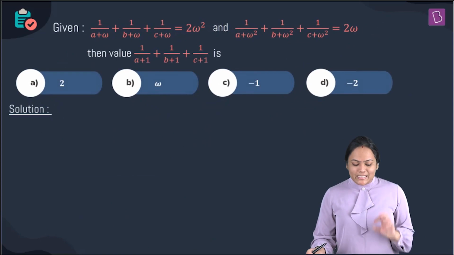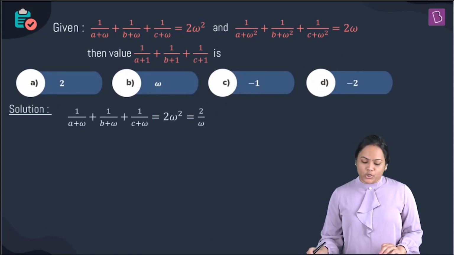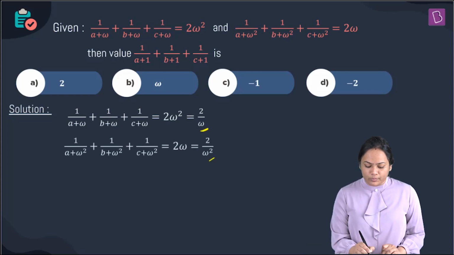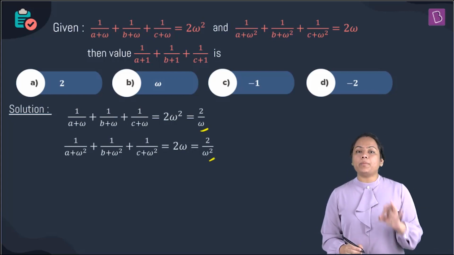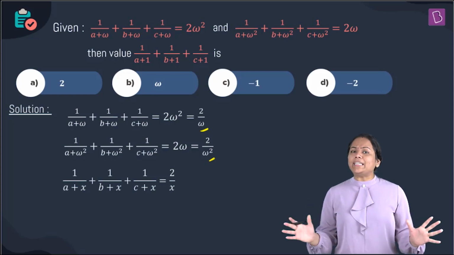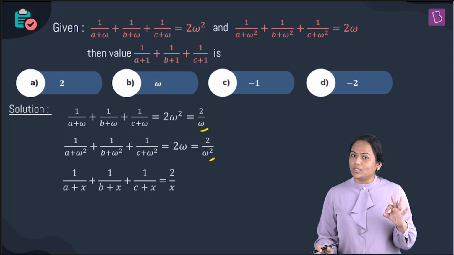So we have seen till now that I have the first expression like this. I have 2 omega over here. The second expression is 2 by omega square. And further what we have deduced is that omega and omega square will be roots of this equation. Now if I take the LCM on both the sides, I'm going to get a cubic equation. Right?